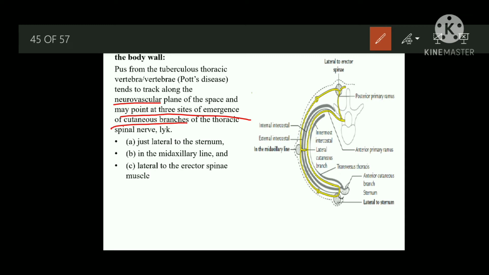What are the sites? Just lateral to the sternum, where the anterior cutaneous branch emerges; at the mid-axillary line, where the lateral cutaneous branch emerges; and lateral to the erector spinae, where the posterior primary ramus exits. So these are the sites of the cold abscess.